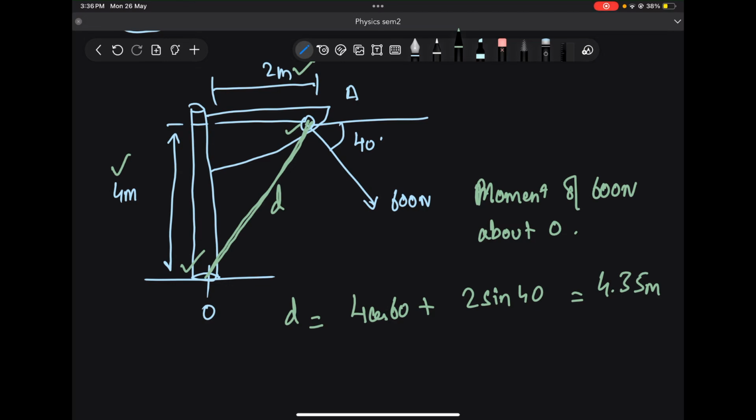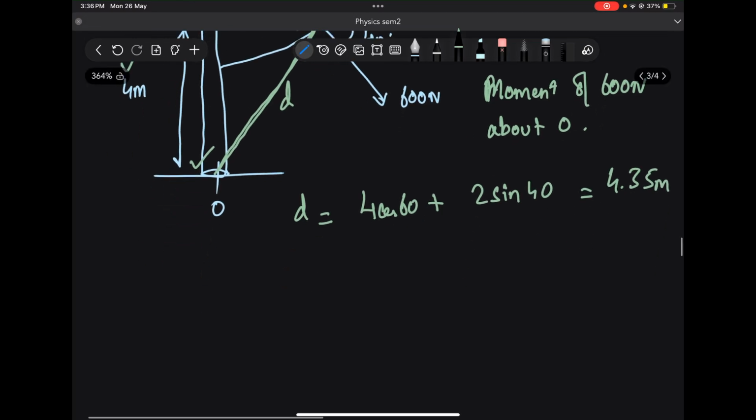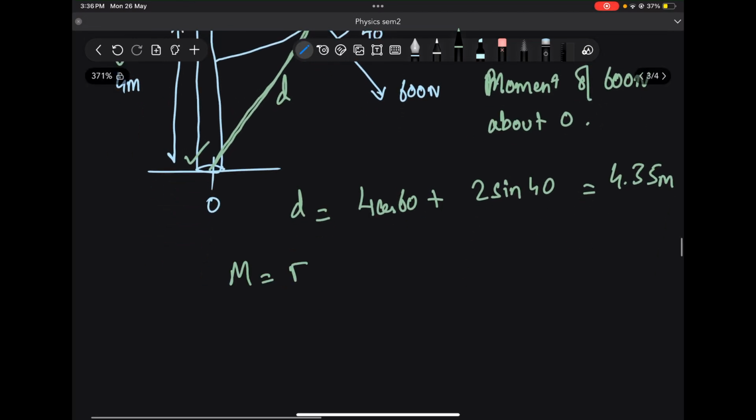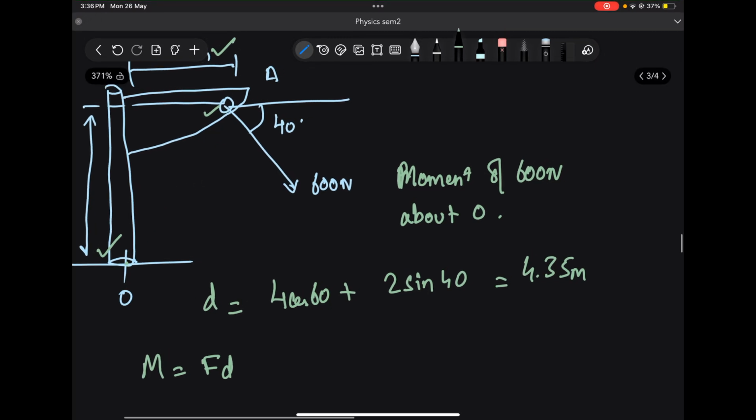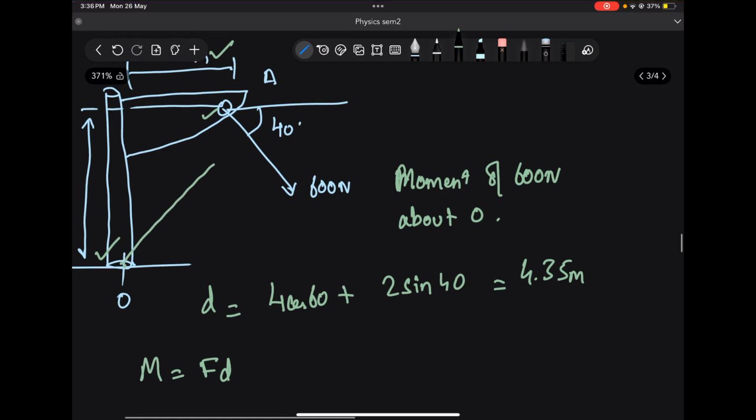And by M is equal to F D, what I can say is, okay, by the way, wait 1 second. I did one basic mistake. I took this D perpendicular to the force.